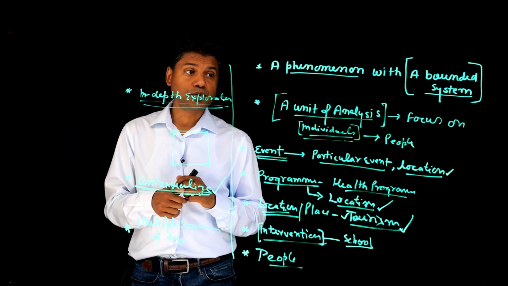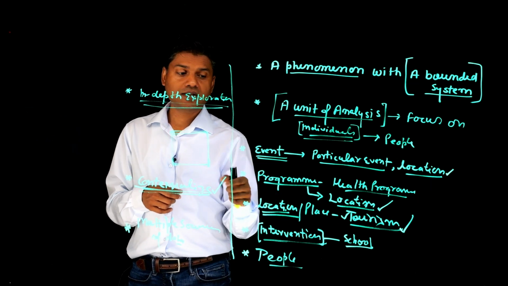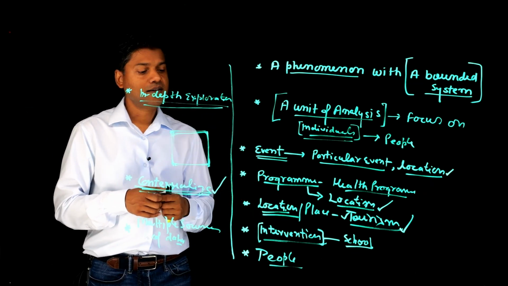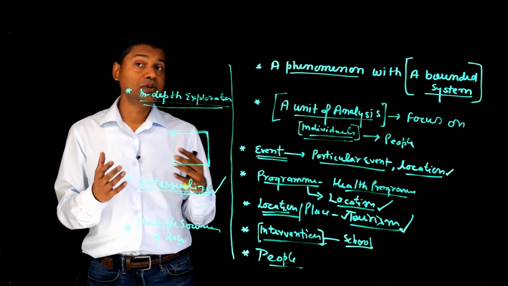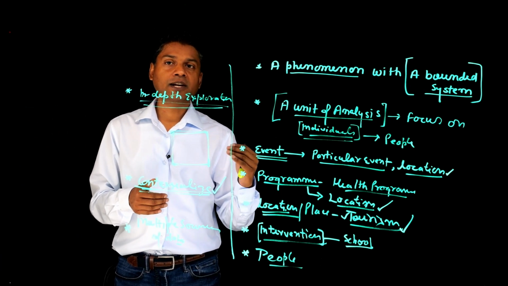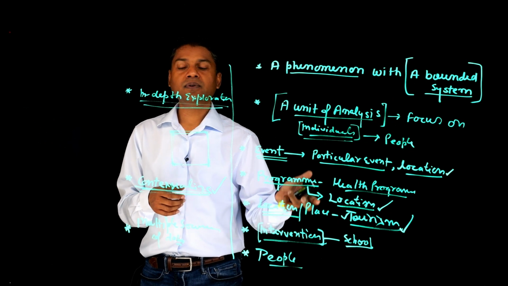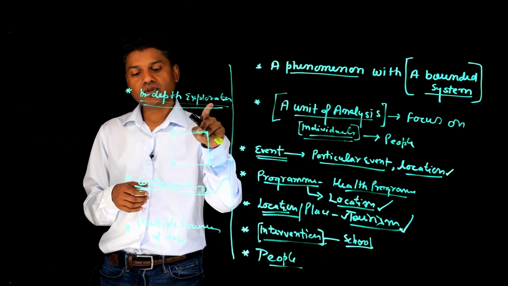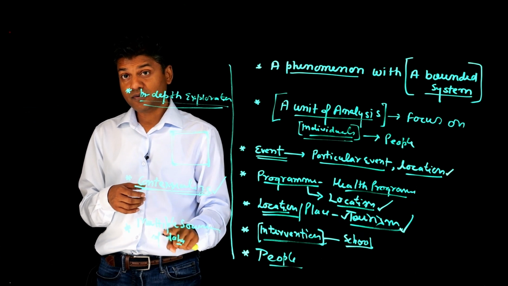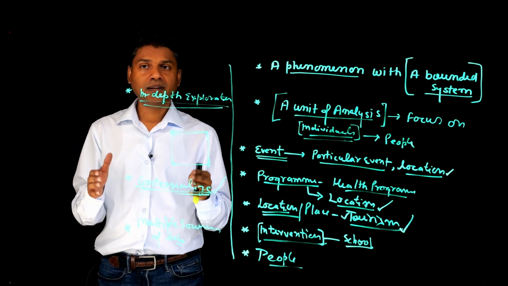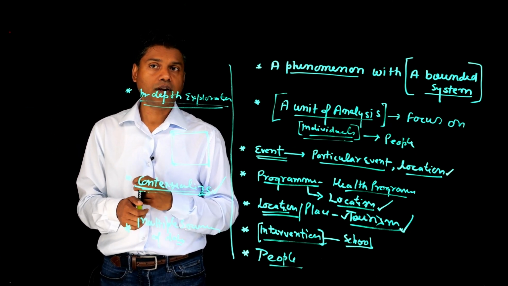Those parameters could be an event, a program, a location, a particular intervention, or people. So you can use different criteria to achieve more in-depth exploration, more contextual data, and different sources of data to have an in-depth exploration of the phenomenon.